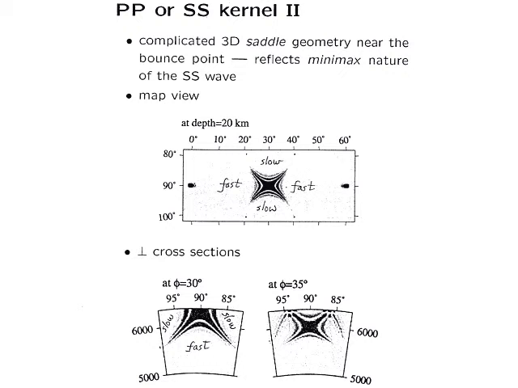This is a horizontal slice through the kernel: if you're interacting with a scatterer here or here, you come in faster than the direct arrival, whereas a scatterer here and here, you come in slower. Likewise, this is a vertical slice perpendicular to the ray, and you see the slow and fast regions there. So PP and SS are really complicated, but they're not any more difficult to compute than P and S.